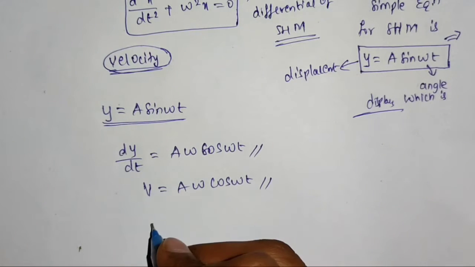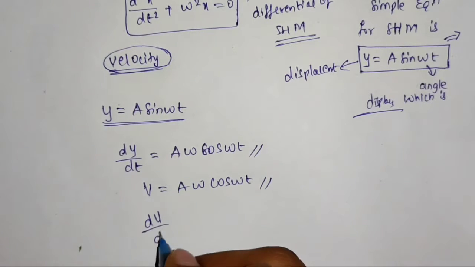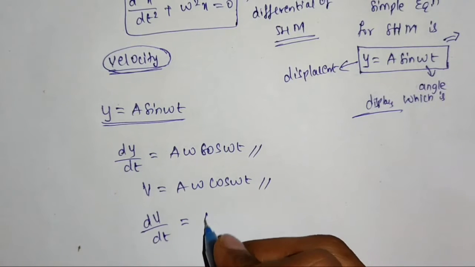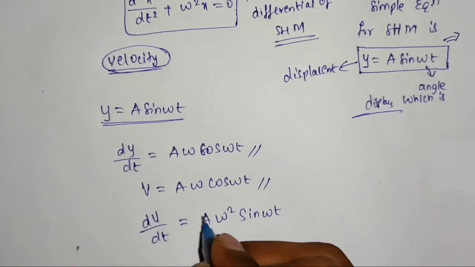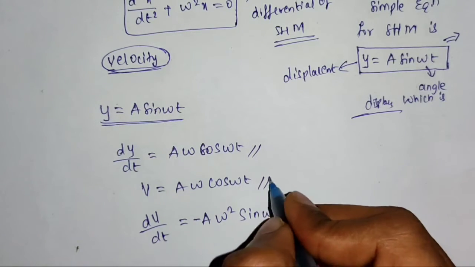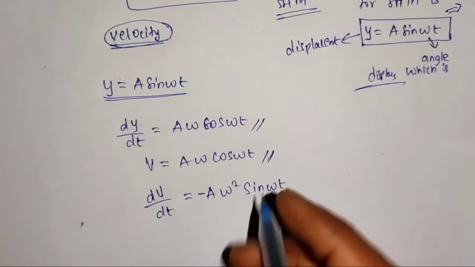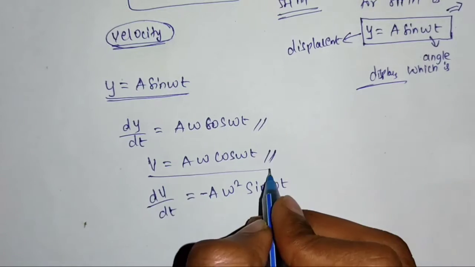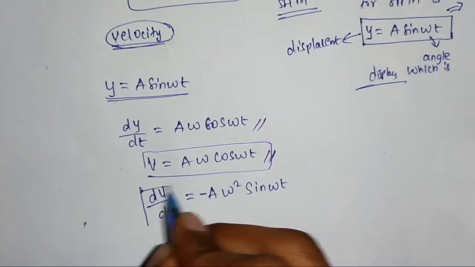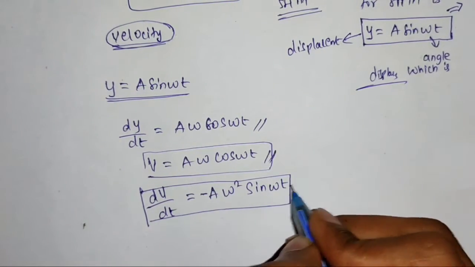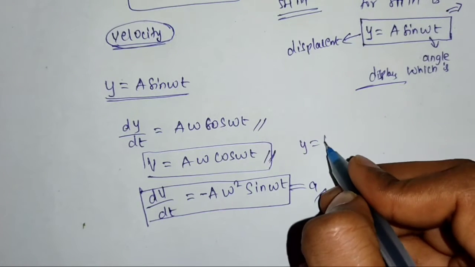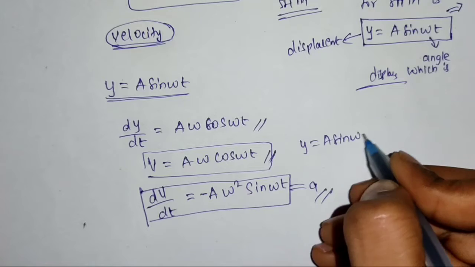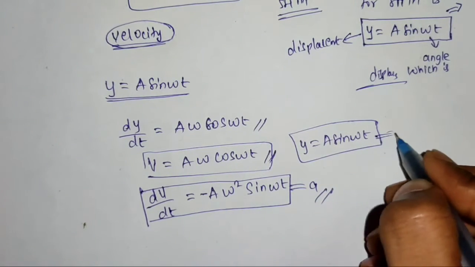Again differentiate with time, dv/dt, which is equal to Aω² sin ωt. You get a negative after differentiating cos with respect to time. So this is velocity, this is acceleration, and y = A sin ωt is displacement.